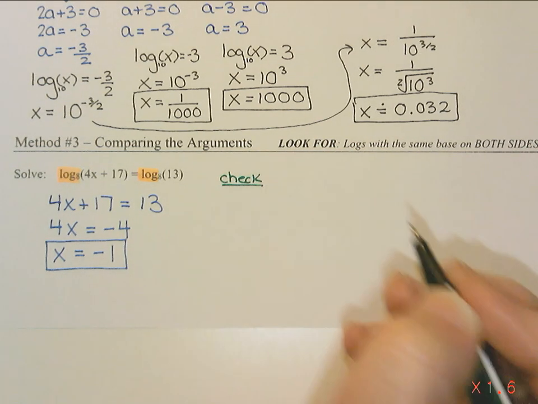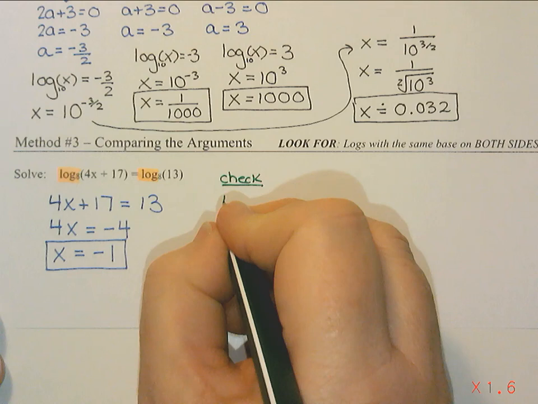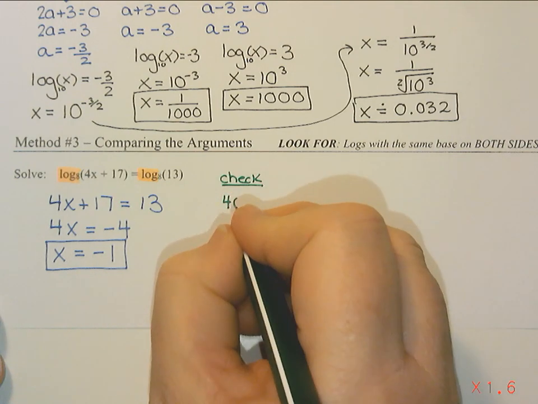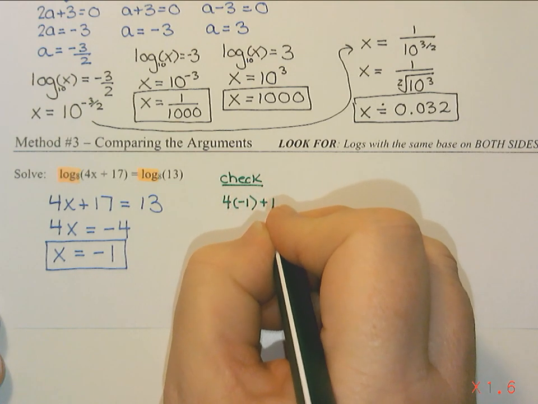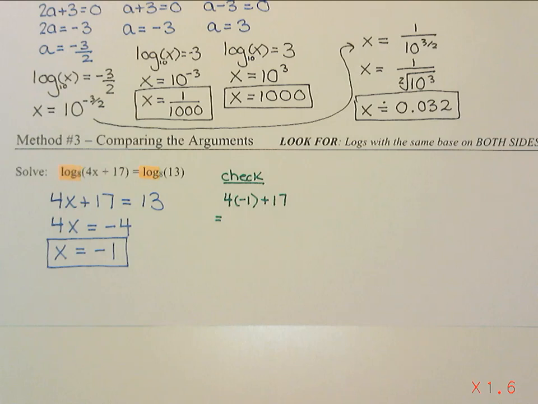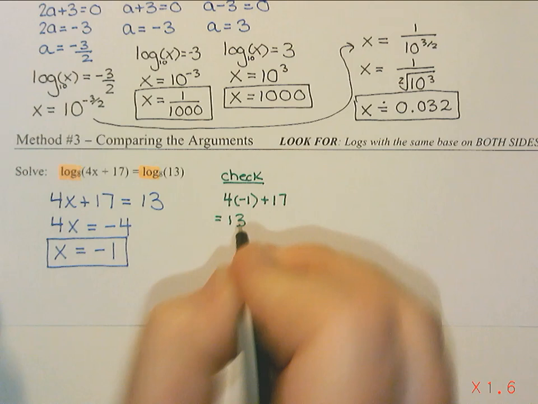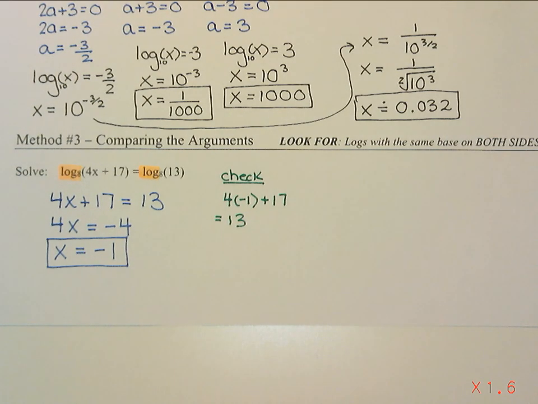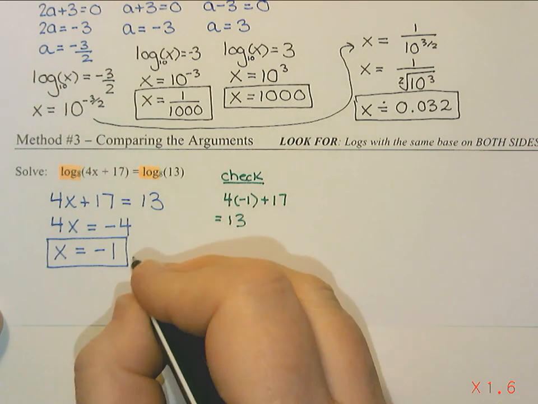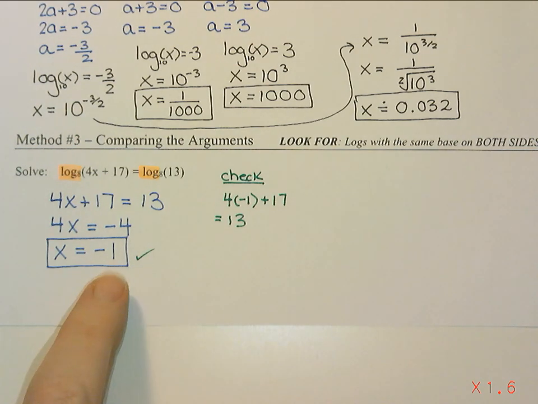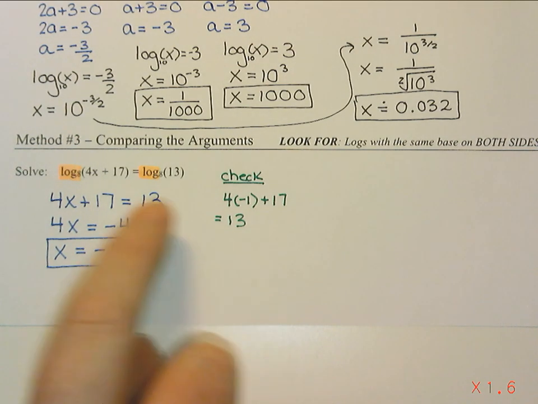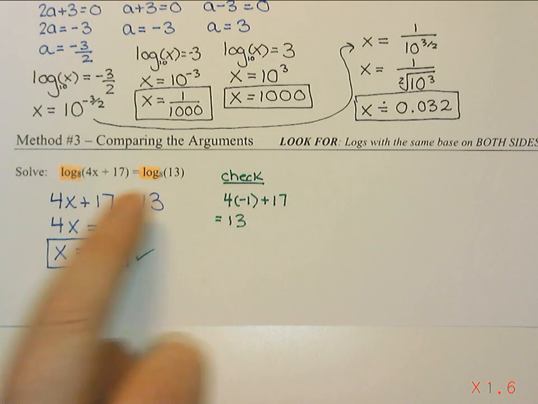You can just take 4x plus 17, put in -1, and make sure that it doesn't give me either a 0 or a negative. So 4 times -1 is -4, plus 17 is 13. Is that a 0? No. Is that a negative? No. So that means we should be fine. I can put this back in and it will work okay. It doesn't tell me that my answer is right, but it does tell me that my answer isn't going to break my equation.